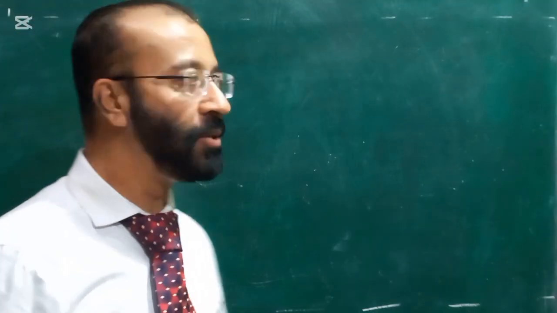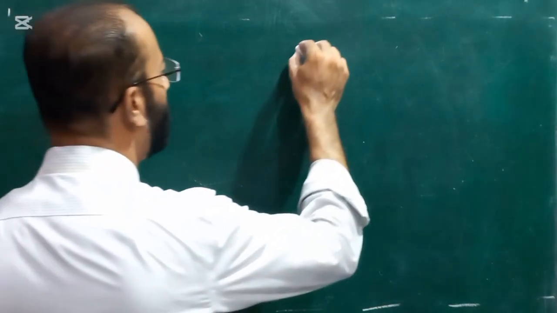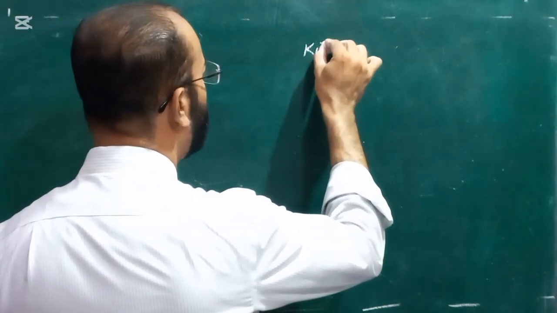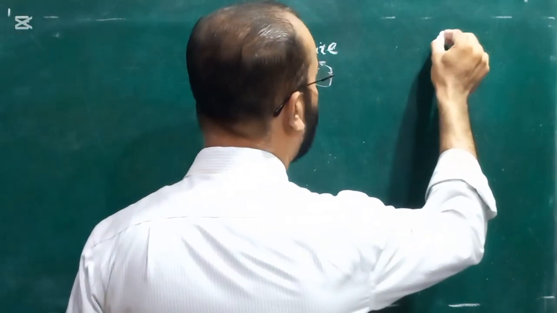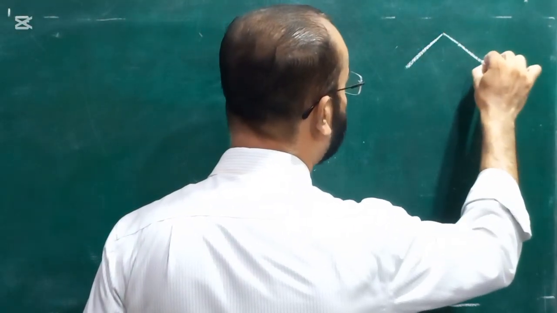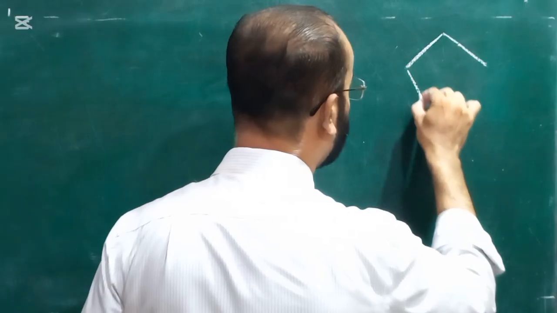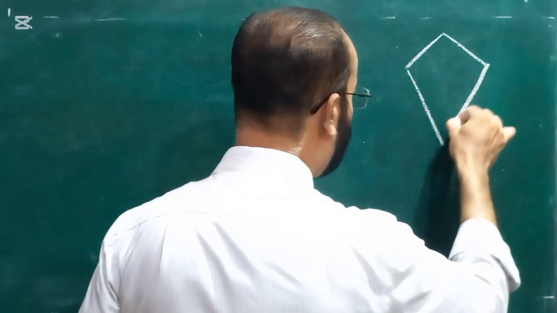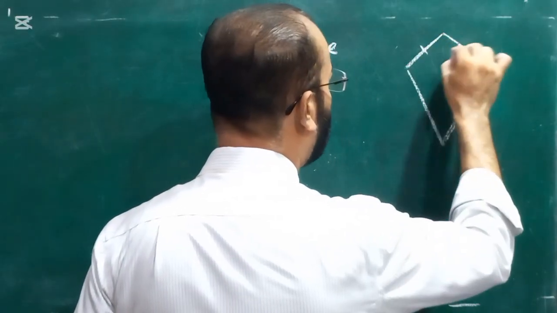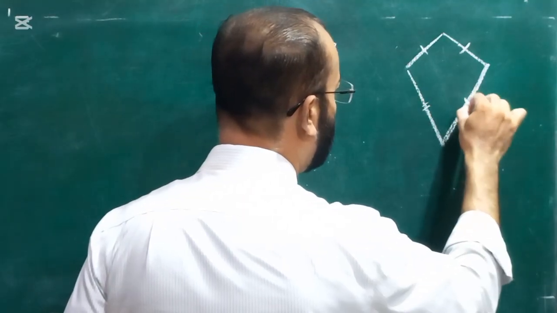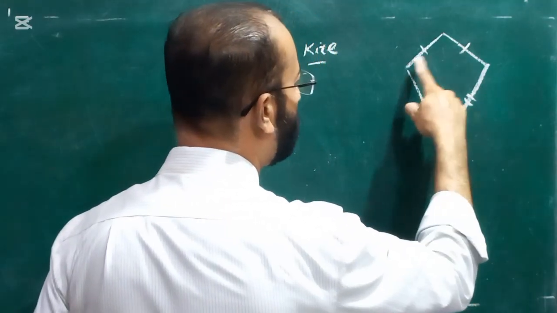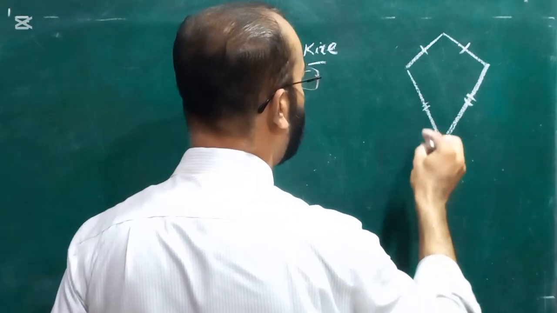Good morning, students. Today we are going to read the angle properties of kite. So kite is a four-sided figure with two pairs of equal adjacent sides. So these two sides will be equal and these two sides will be equal.